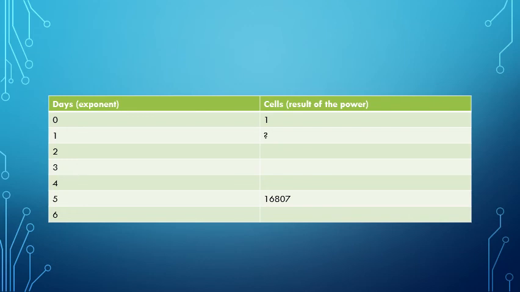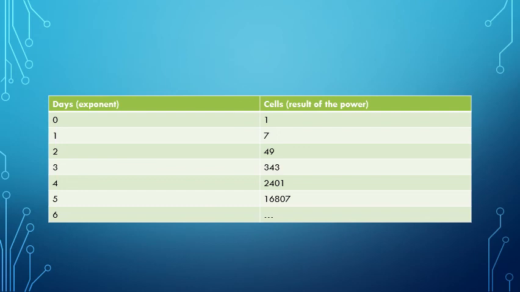And next, you have day 1, day 2, day 3, day 4, day 5. But wait, we didn't know how many cells there were after they divided the first time. But you know that in day 5, there were 16,807 cells. So, what do you know? You know the exponent and you know the result of the power. What you don't know is the base. So remember from some slides ago, if you don't know the base, you should use a root.